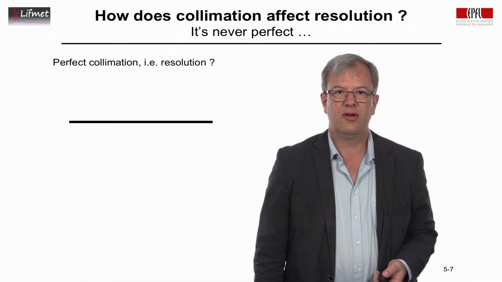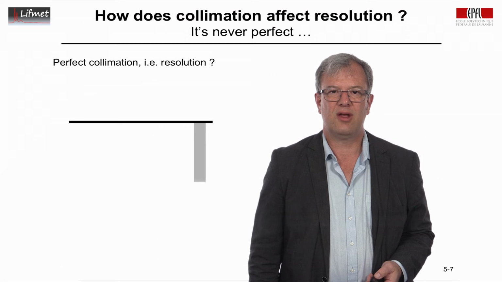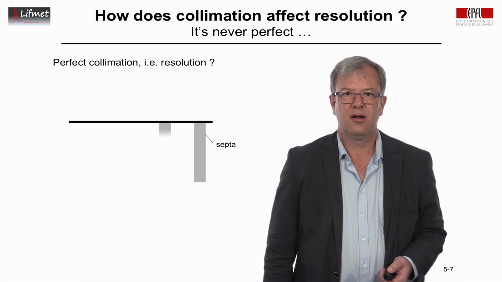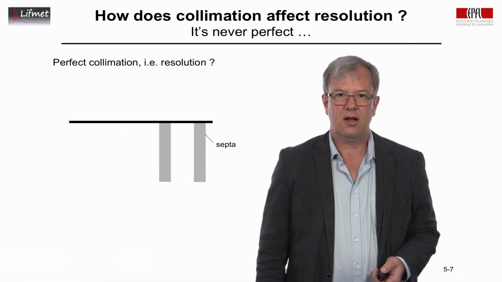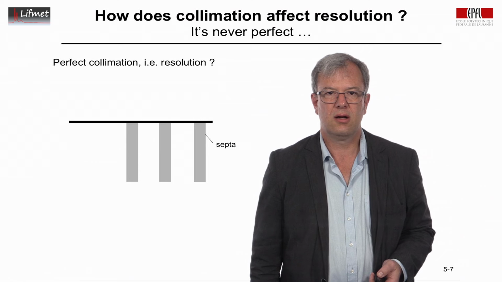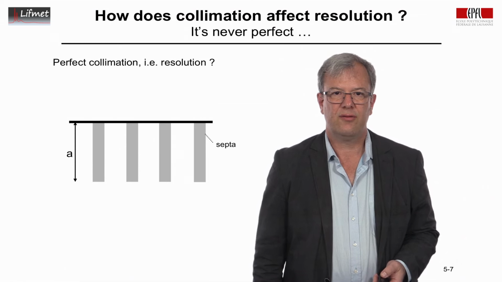I'll draw here on the x-axis the detector, and then we have one septa here. So that's a septa here. We'll draw a second one, and a third one, and a fourth one, and a fifth one.